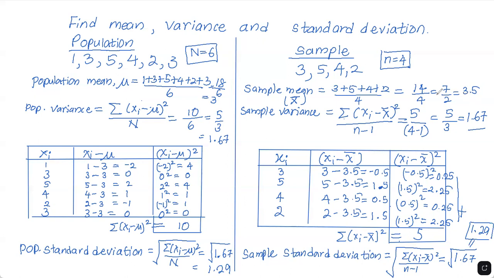It can be different because the sample is taken from the population, so the numbers will be different. So this is how you calculate the mean, variance, and standard deviation for a population or for a sample.